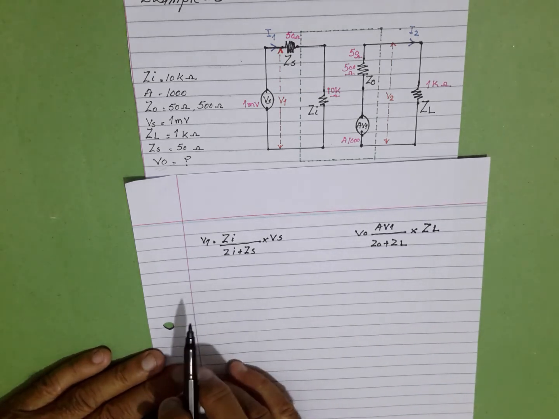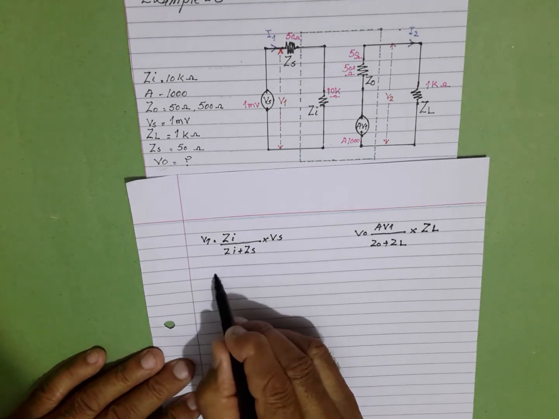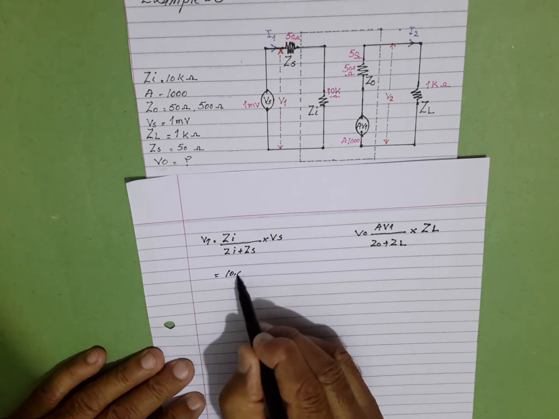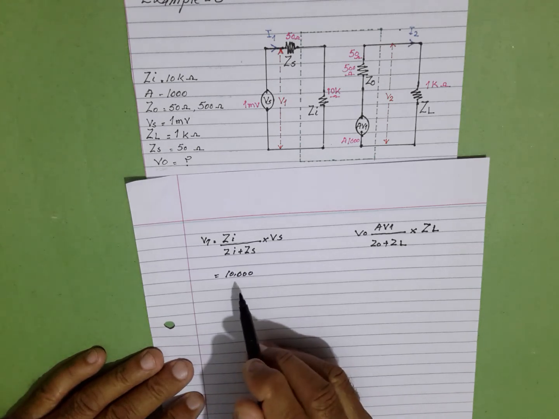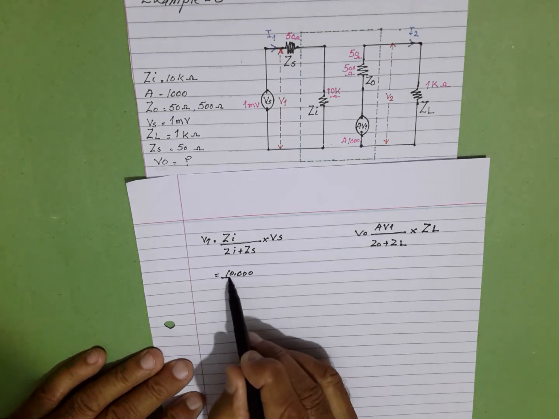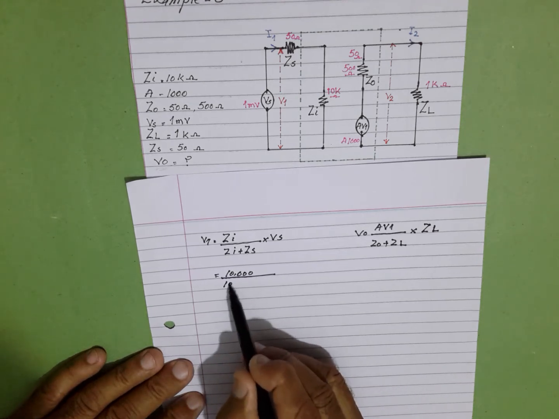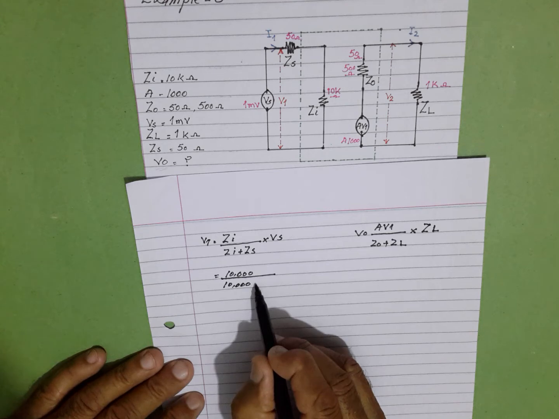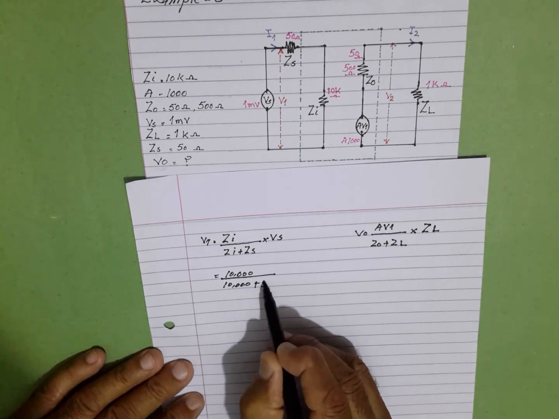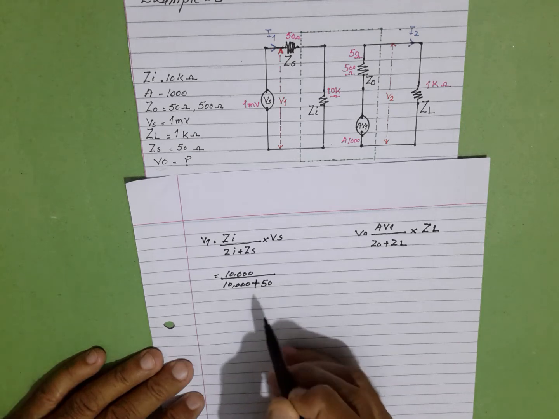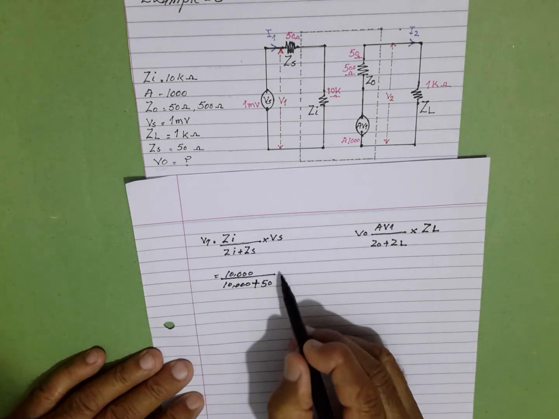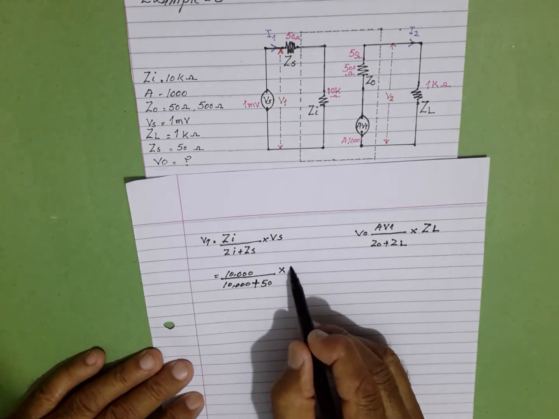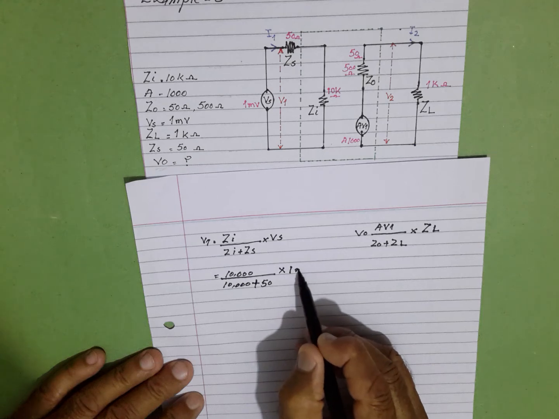Let us put the values here. V1 equals Zi, which is 10 kilo ohms, and in the denominator we have 10,000 plus Zs, which is 50 ohms, multiplied by Vs, which is 1 millivolt.